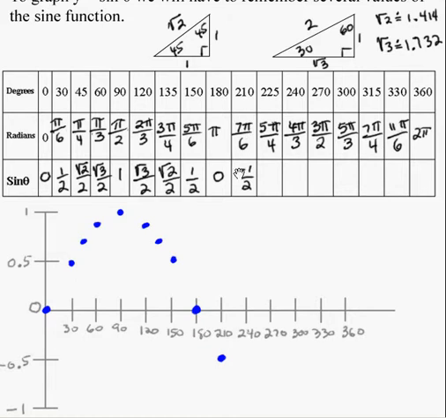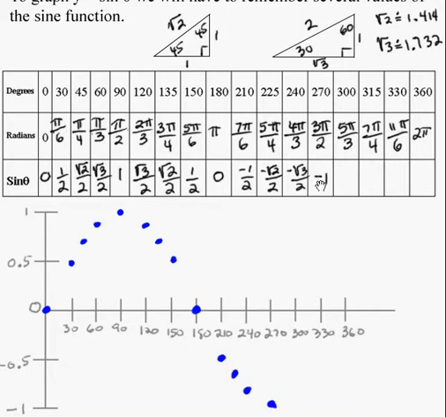210 has a reference angle of 30, and that's 1/2, but it's in quadrant 3, so it's -1/2. Sine of 225 is negative the square root of 2 over 2, so that's -1.4 divided by 2, or -0.7. Here for 240, that has a reference angle of 60, so that's negative square root of 3 over 2, or -1.7 over 2, or approximately -0.8.